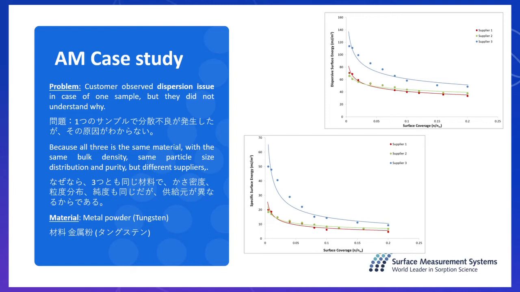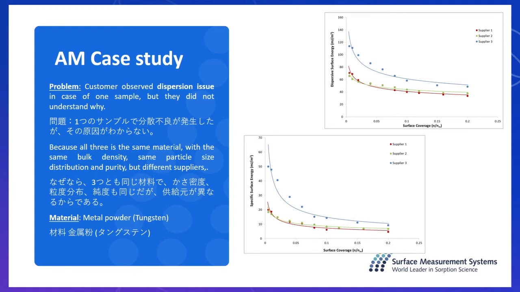So one supplier's metal powder had a different behavior. They observed a dispersion issue and didn't know why, because the purity, the structure, and all the physical properties of the three different metal powders, from the different sources, were exactly the same.